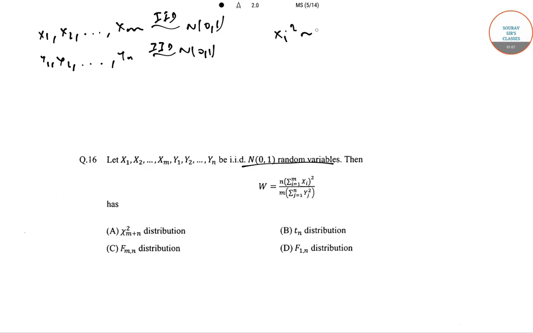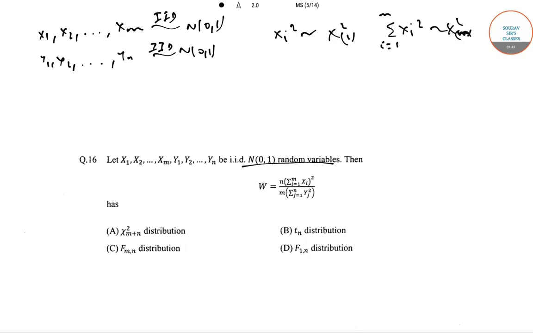xi squared follows chi squared with 1 degree of freedom, and summation xi squared follows chi squared with m degrees of freedom. This is a standard result that if a variable x follows standard normal distribution, then the square of it follows a chi square with 1 degree of freedom, and then summation of xi squared, where i ranging from 1 to m, follows chi square with m degrees of freedom.